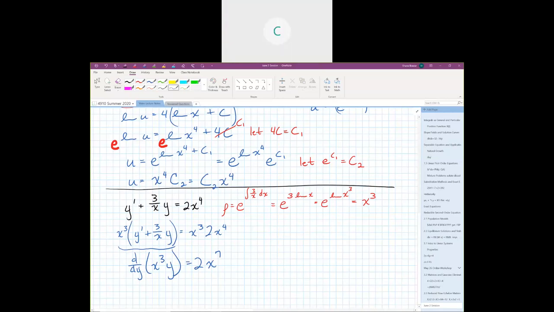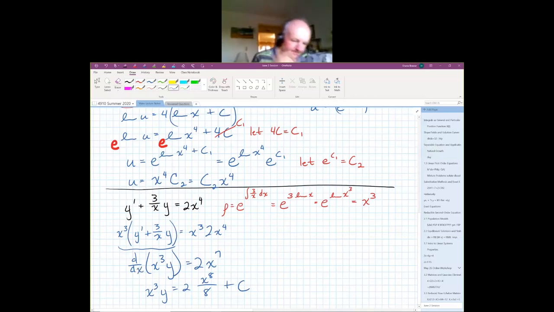So if you finish that out, you're going to have x cubed times y equals 2x to the 8th divided by 8 plus c. You have to integrate both sides, right? Yes, that's right. And this is dy dx, by the way.